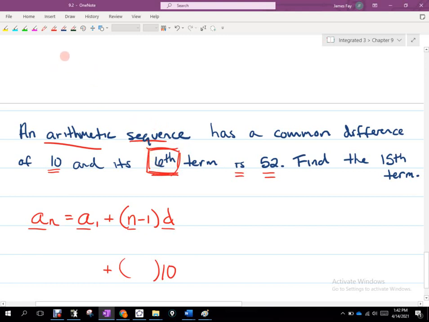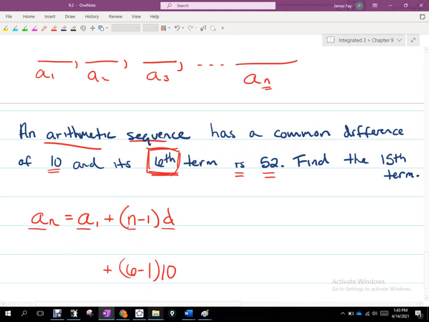And as we talked yesterday and the day before, this is a sub 1, this is a sub 2, this is a sub 3, dot, dot, dot. This is a sub n. So n represents the position you are in the list. That n corresponds to the 3 or the 2 or the 1. So that's the position. So when it says the sixth term is 52, n is 6.